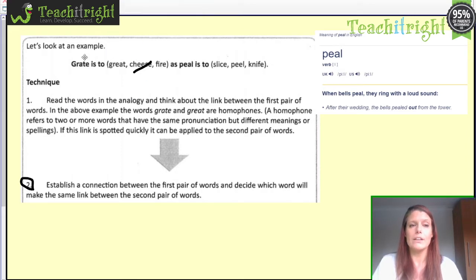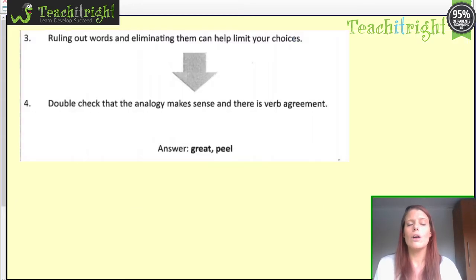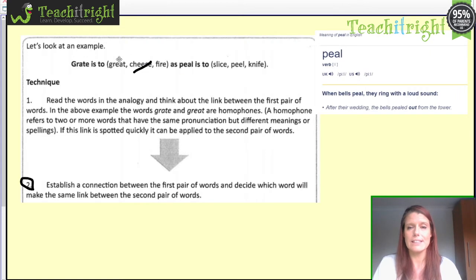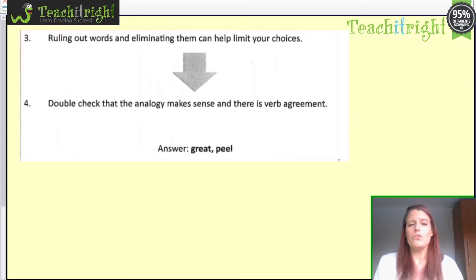But had you recognised that great and grate are homophones, as are peel and peel, you might start to figure out a connection. Ruling out words and eliminating them can help limit your choices, exactly as I've started to do here. And double check that the analogy makes sense and there is verb agreement.